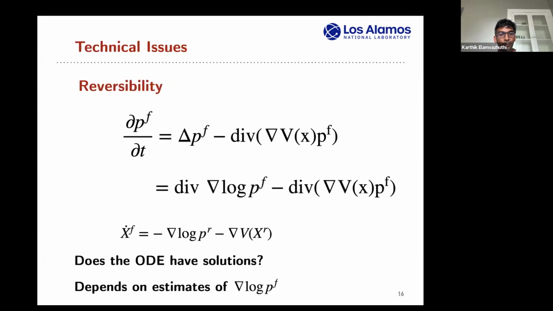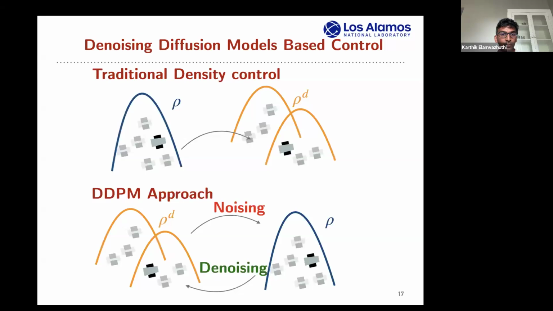And from a technical point of view, you can ask a lot of other questions. For example, does this reverse process have solutions? All of this depends on estimates of the gradient of the logarithm. And this will be relevant, especially for control problems, because we care about theoretical properties of the reverse process. So we'll come back to this.